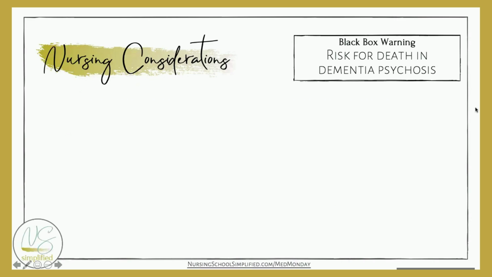So our nursing considerations, well, this has a black box warning for risk for death in dementia psychosis. We really want to give this cautiously or not at all in our dementia patients that are having psychotic episodes. We want to monitor our patients' mood and behavior.